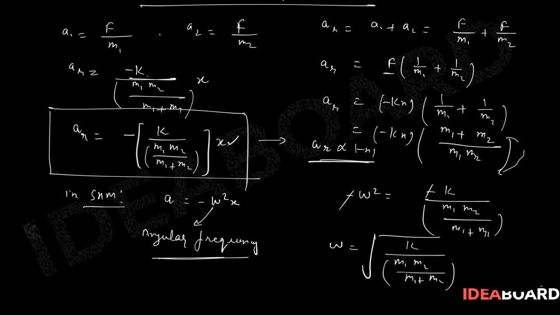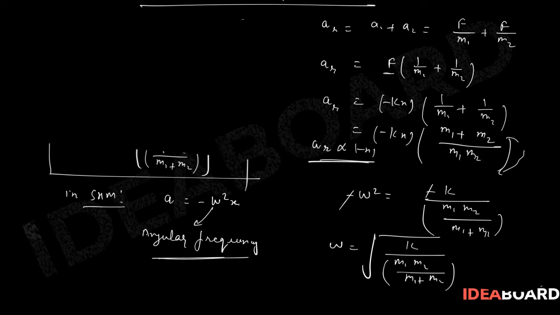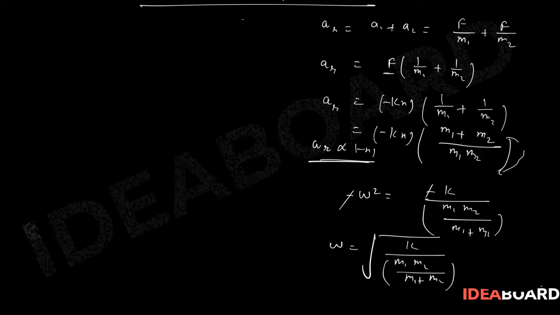And likewise the time period will be given as T is equal to 2 pi under root of m by k. This is the general time period in SHM.